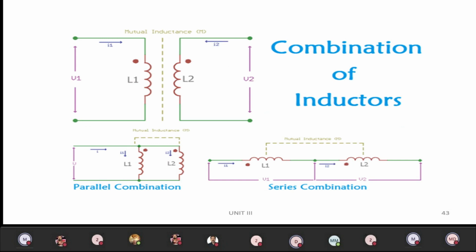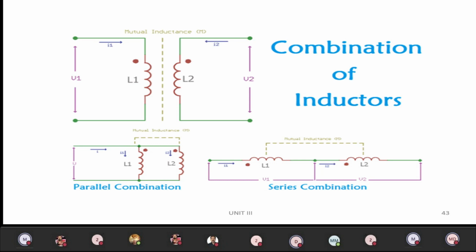Now the combination of inductors. When you connect two resistors in series, we have R1 plus R2, and two resistors in parallel, R1 R2 divided by R1 plus R2.